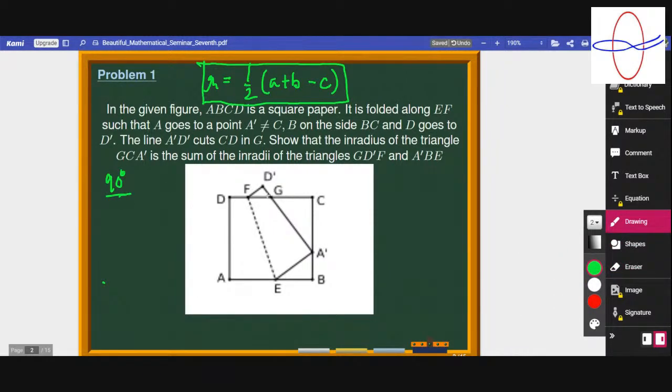Opposite the angle of 90 degrees, we have FG, we have GA dash, and we have E dash A. Let's call this theta.